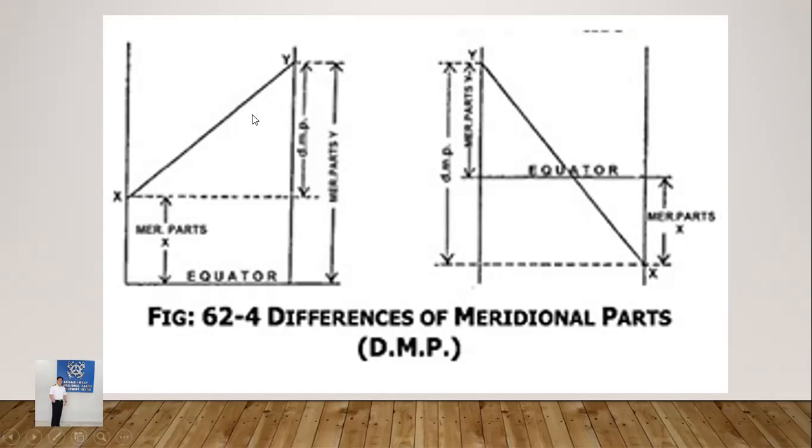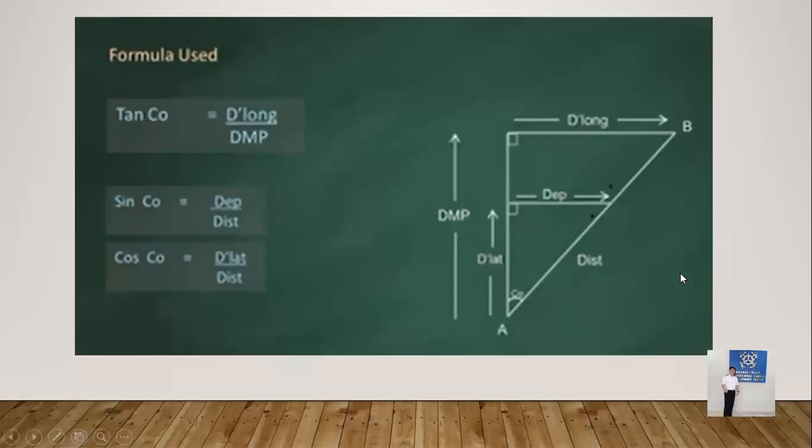Now, showing you on this diagram are the meridional parts passing the equator. It has the X and Y axis, the DMP, and then the meridional parts. Now, these are the formulas used. Basically, tangent course is equal to D long over DMP, or the TOA itself. TOA means tangent of the course is the D long, which is the opposite, over the adjacent, which is the DMP now.